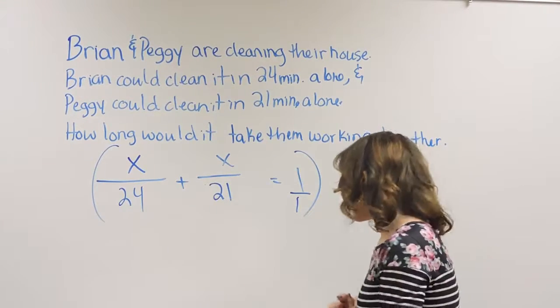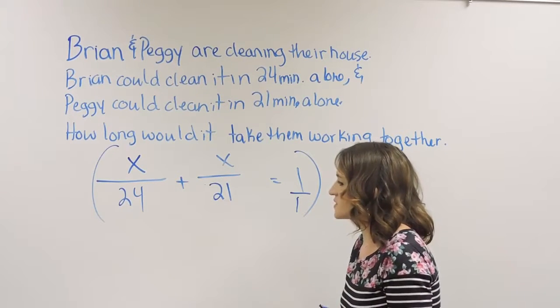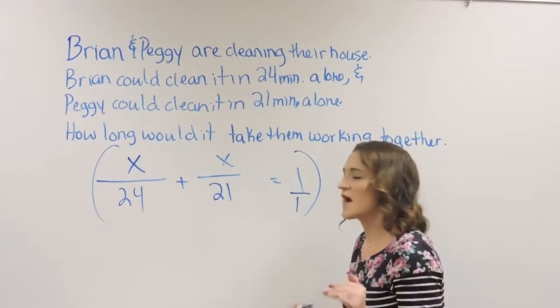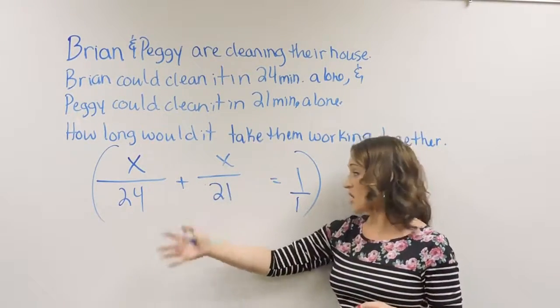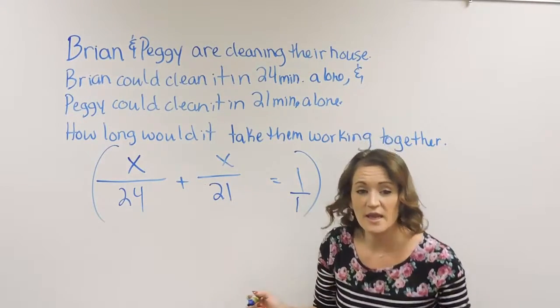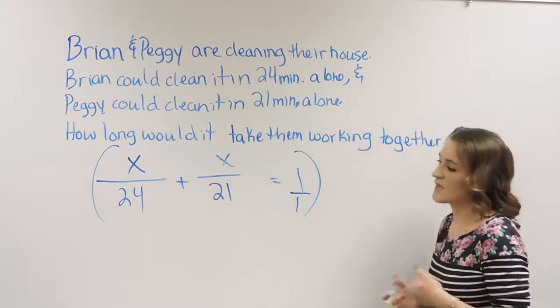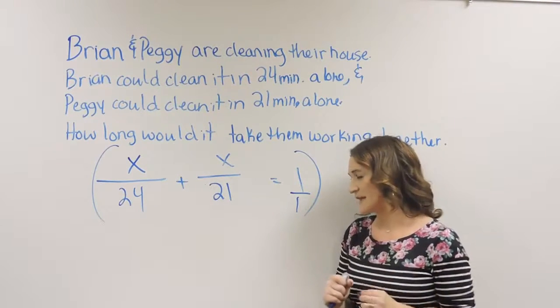Let's rack our brains for a little bit and think, what is the first number that 24 and 21 have in common? We need to do times tables here: 24, 48, and so on. 21, 42, 63, and we need to list our times tables for these two numbers until we come up with one that they both match up on.